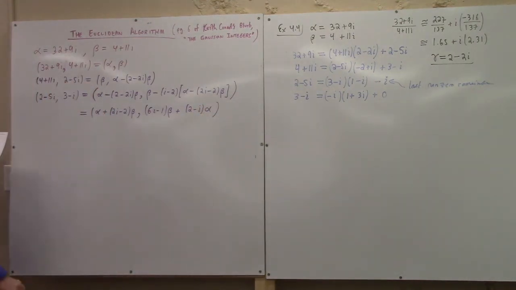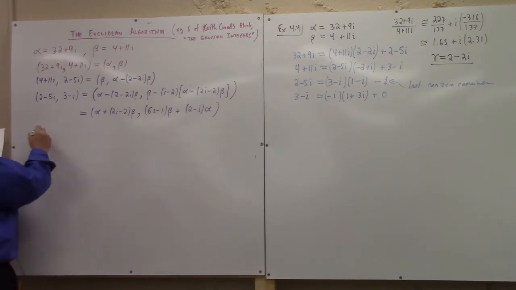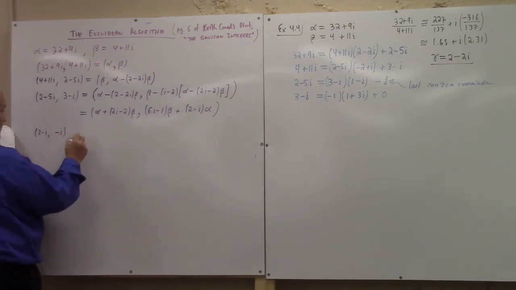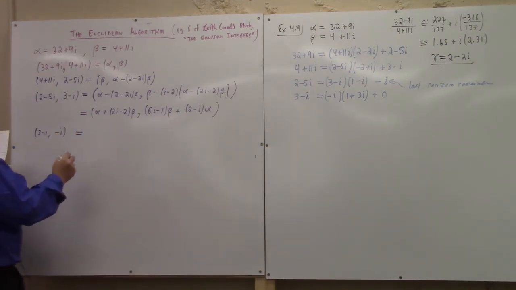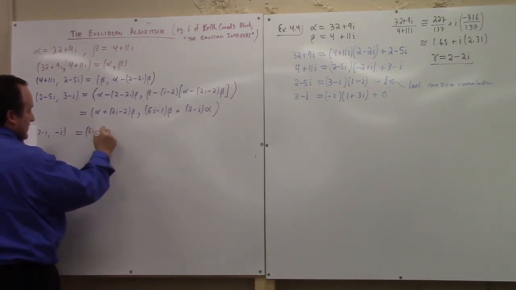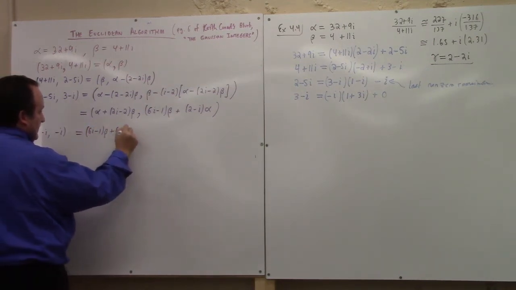All right. Next up, we bring down the 3 minus i. And the remainder at this point, thankfully, is minus i. Yay, final step, right? And so we bring the 6i minus 1 beta plus 2 minus i alpha over here.